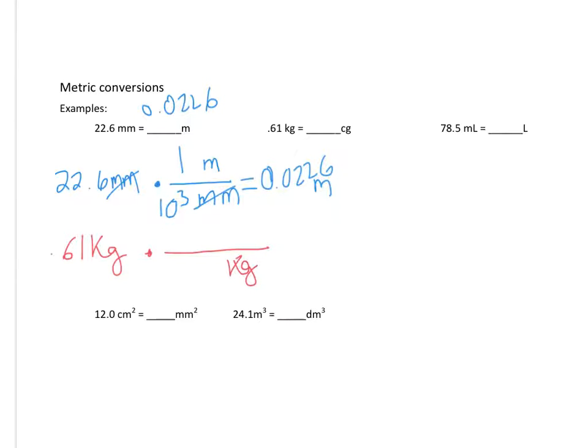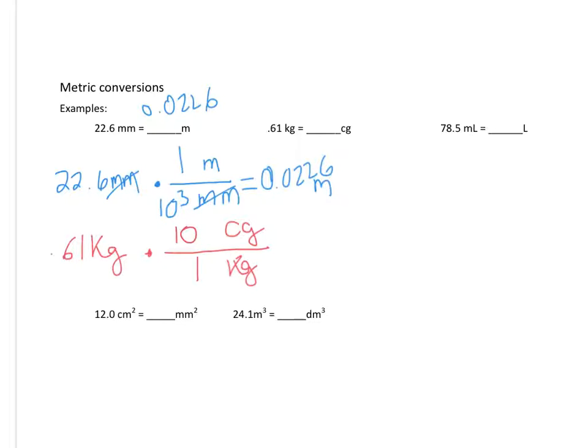On top, I want the units that I'm looking for, which are centigrams. Then I figure out which unit is larger. Is a centigram bigger or is a kilogram bigger? A kilogram is much bigger. So my bigger unit gets a 1. My smaller unit gets a 10 to some positive power.